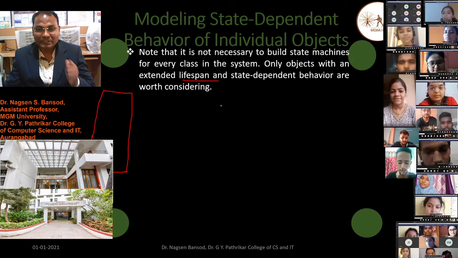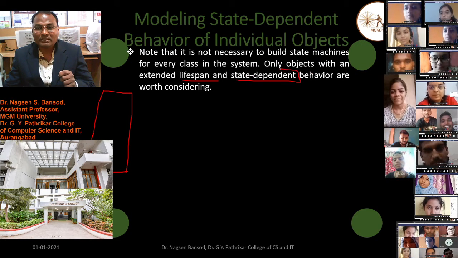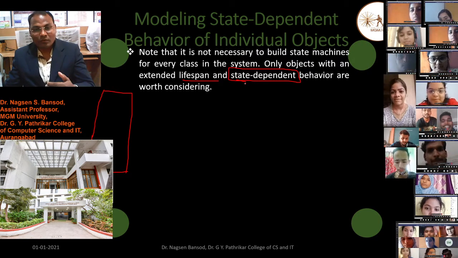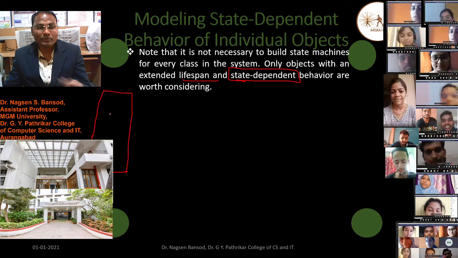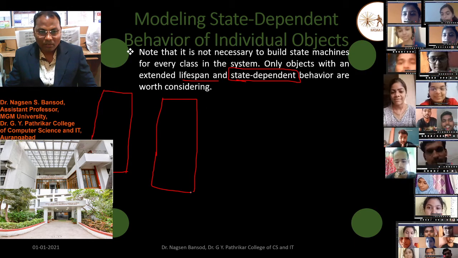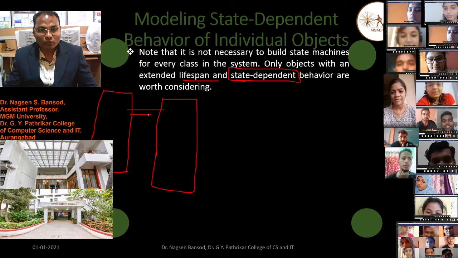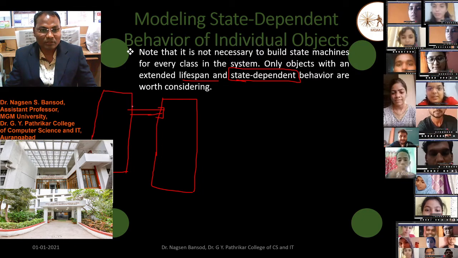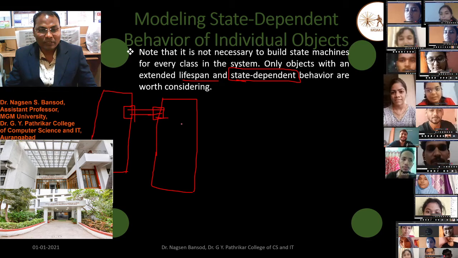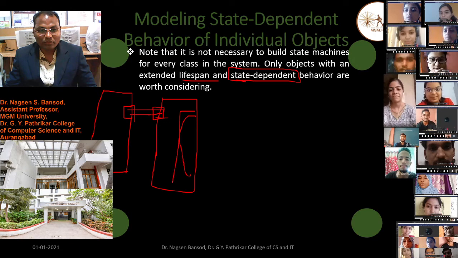We have to design the state machine diagram when the object is state dependent. Then for that object's working, we have to show it with the help of a state machine diagram. Suppose we want a printout, and for the printout our computer should be connected to the printer, then we will get the output from the printer, otherwise not.